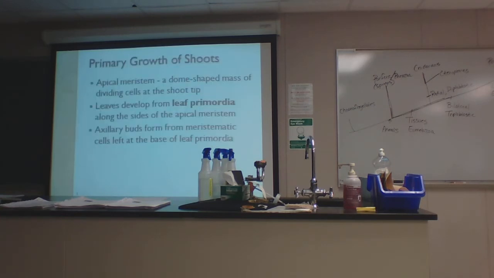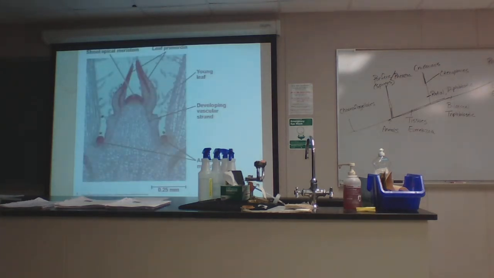Just have a general idea of how all that works for the test on Thursday. And then the lab test will be even more detailed, where you'll have to identify where the different parts of the root are. Just make sure I didn't miss anything. Okay, so we have how the leaves grow in the apical meristems.